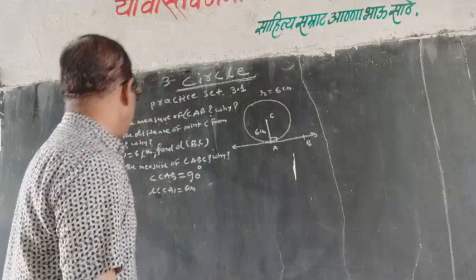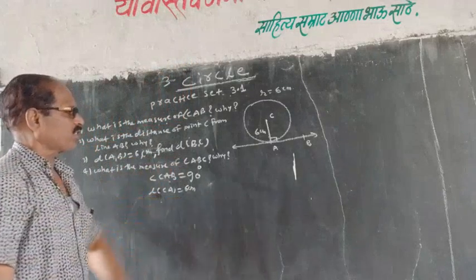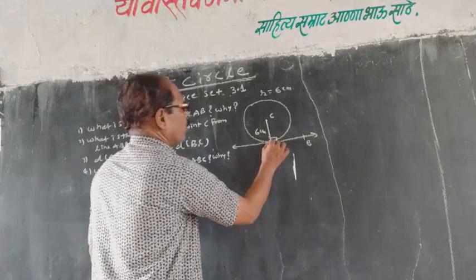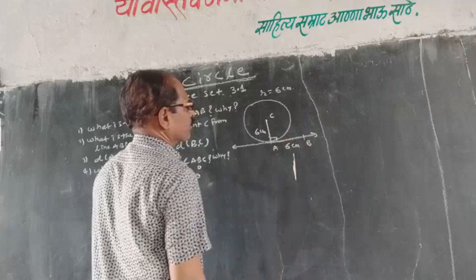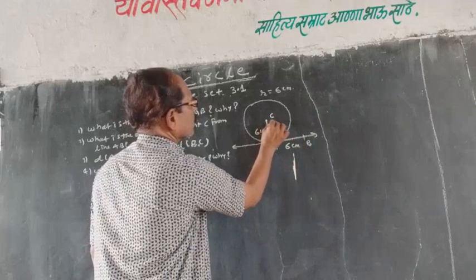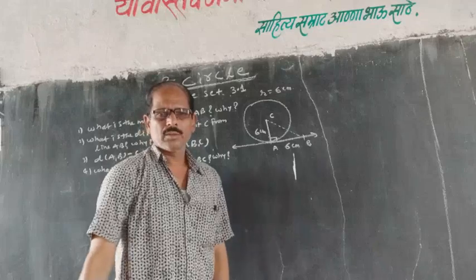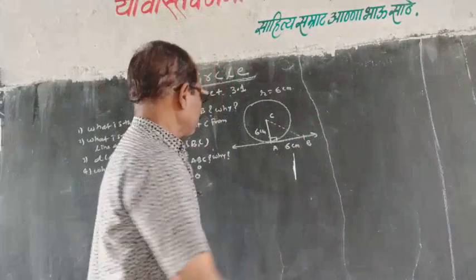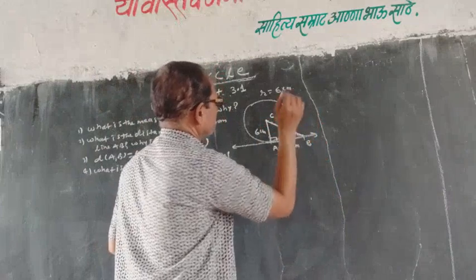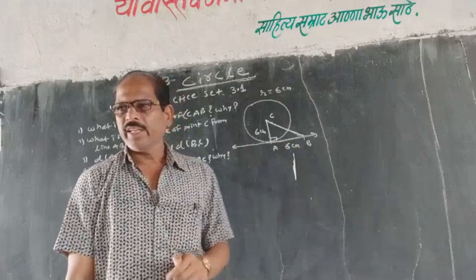Question number 3. Distance AB is equal to 6 cm. Find distance BC. We have been given AB as 6 cm and are asked the length of BC. We observe triangle CAB.